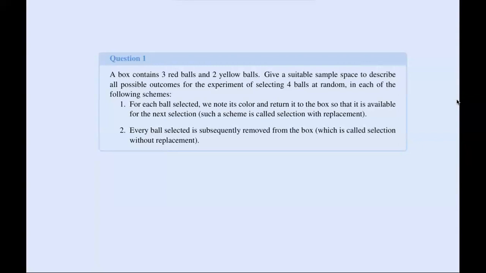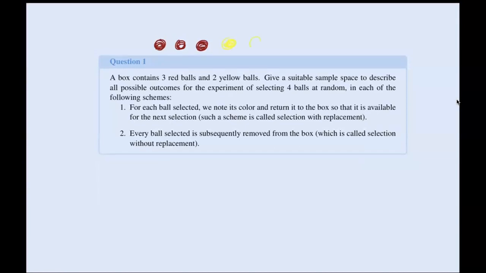The difference between part 1 and part 2 is that part 1 is with replacement. So let's say you had 3 red balls and you have 2 yellow balls. For part 1, what it means is you will select a ball.